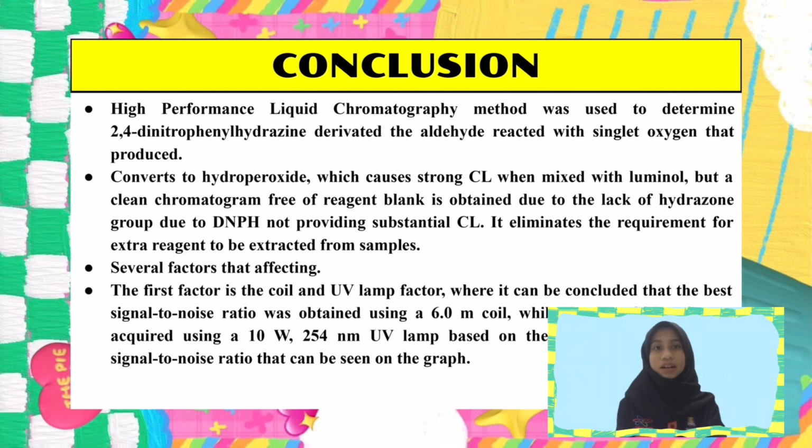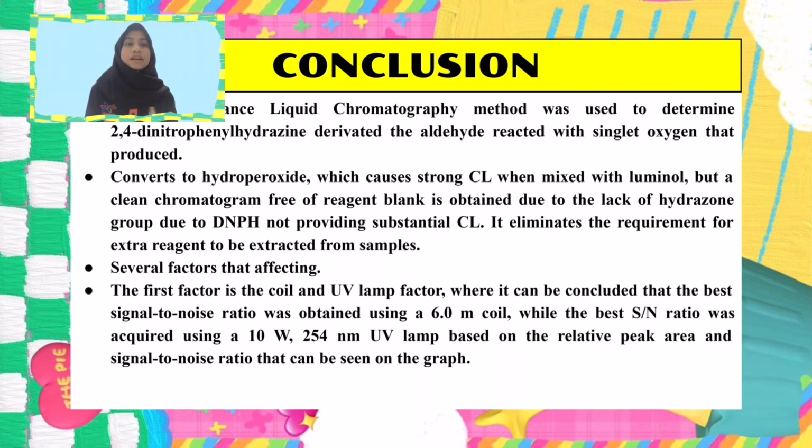In conclusion, in this experiment, a high-performance liquid chromatography method was used to determine aldehydes derivatized with 2,4-dinitrophenylhydrazine. The aldehyde derivative reacted with the singlet oxygen that was produced. As a result, it converts to hydroperoxide, which causes strong CL when mixed with luminol, but a clean chromatogram free of a reagent blank is obtained because the DNPH does not provide substantial CL.